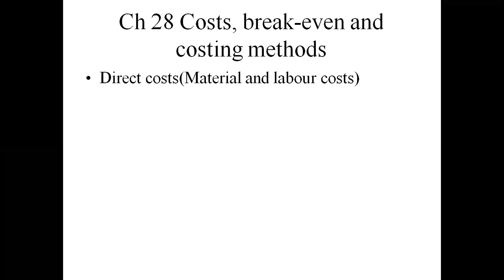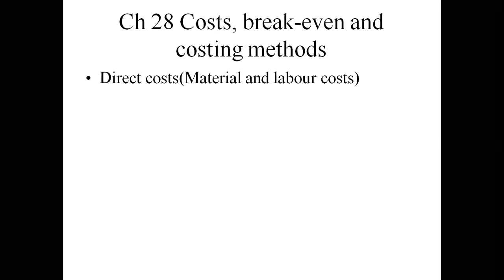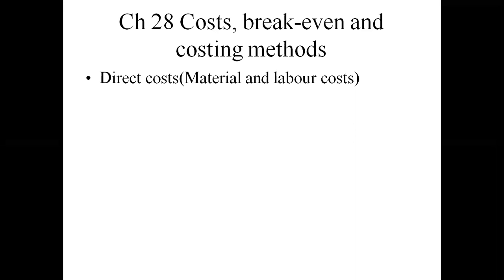Obviously easily. Why? Because $10 is the cost of making each table. So if there are two tables, the direct cost will be $20. If there are three tables, direct cost will be $30. That is why labor cost in that way can be a direct cost.